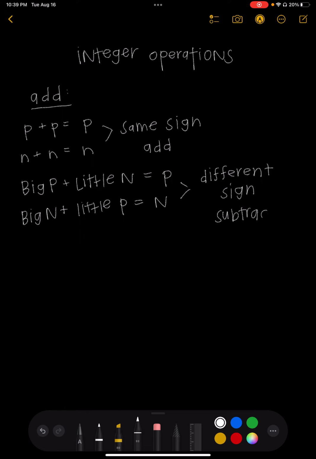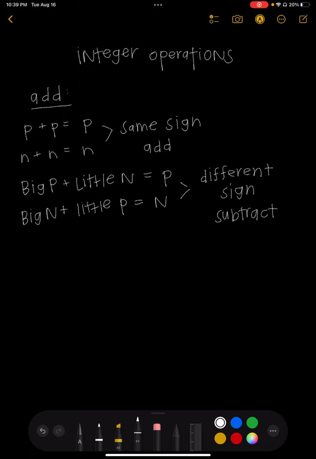Even though it says add, like we kind of talked about in that number line, if it says add, but they have different signs, we're really subtracting. And then we keep the sign of the bigger number. We'll go through some examples.